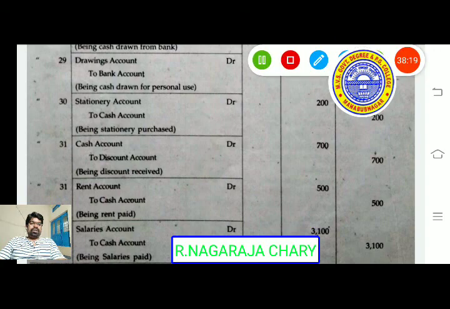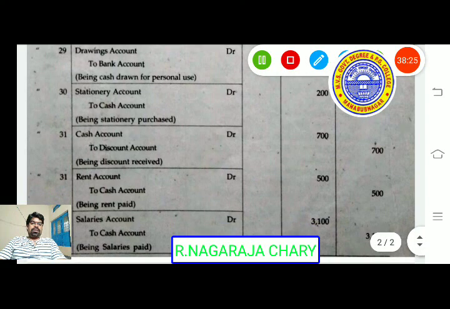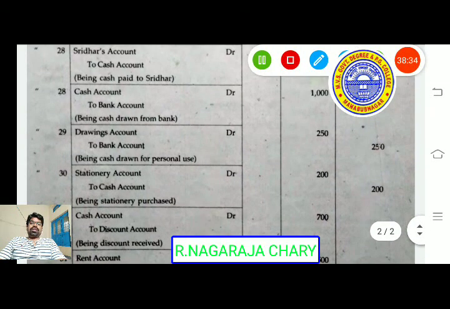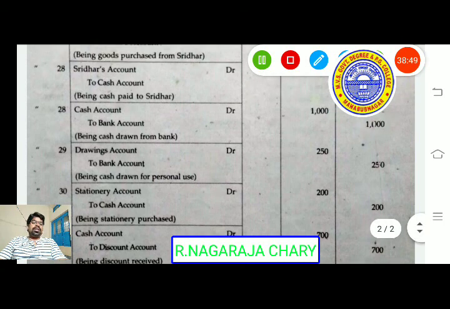When you observe this transaction on 31st, 700 700. In the same way, whatever the transaction, it is done on a date, and in a transaction we have two aspects, that is giving aspect and receiving aspect.